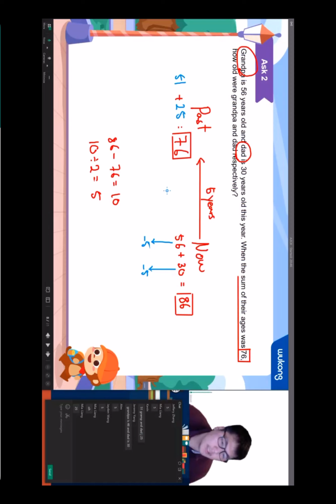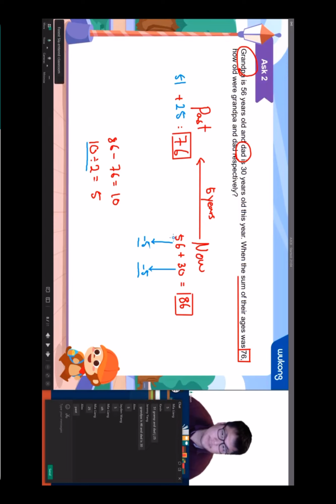And no, Jeremy, Grandpa didn't just become younger. Both Grandpa and Dad became younger. So that's why we are dividing it by 2 and giving the same years to take away to the past.